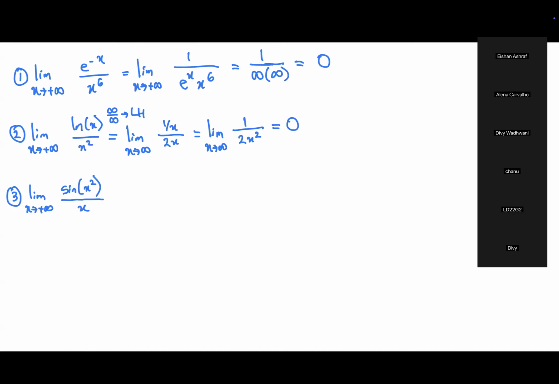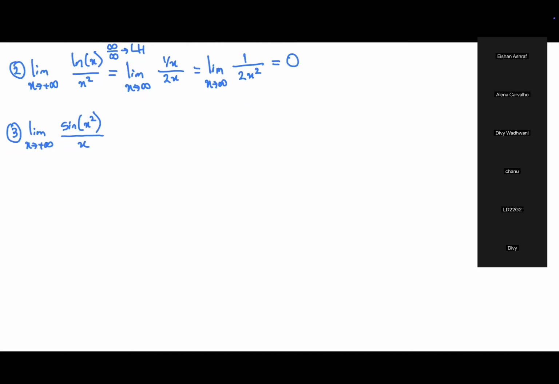With trig limits, we also know that we can use squeeze theorem. And what do we really know about sine of x squared? We know that sine of any value, regardless of what's on the inside, is always less than or equal to 1, and greater than or equal to -1.